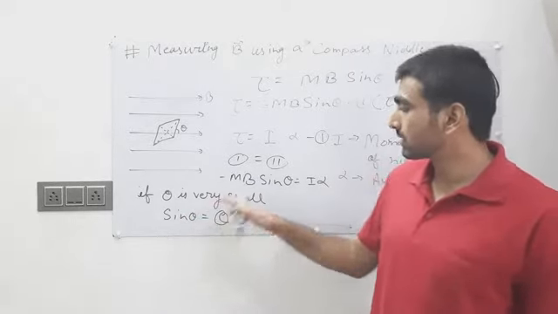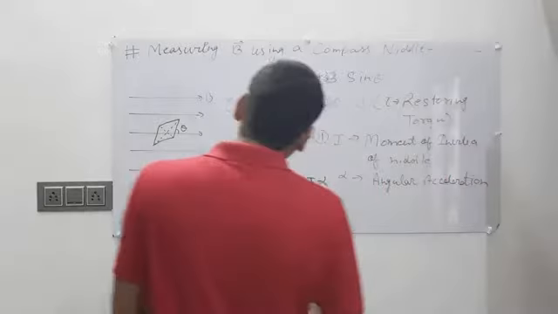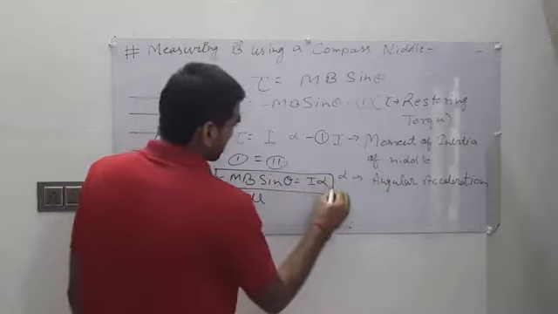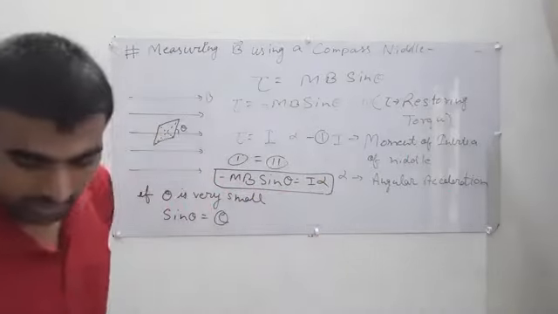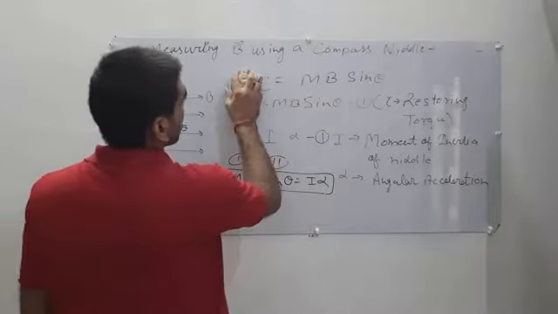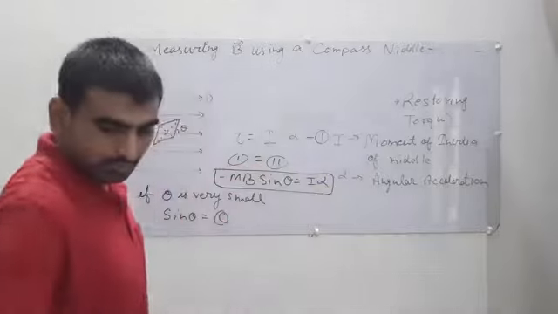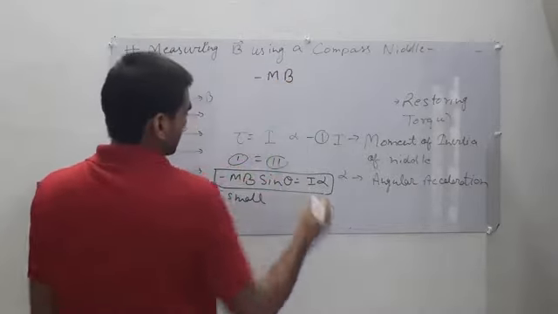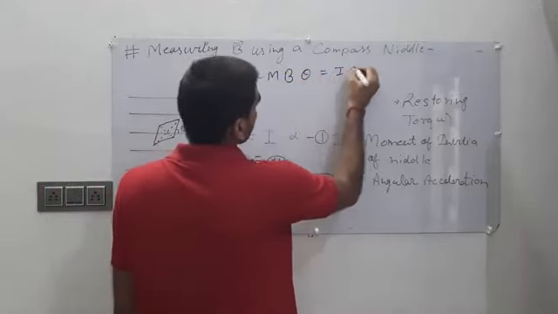That's why if theta is very small, sin theta equals theta. So we can also write this equation as minus mb theta equals I alpha.